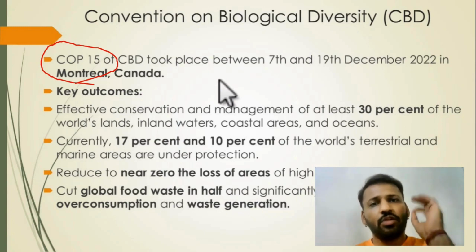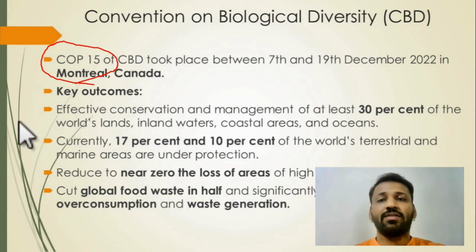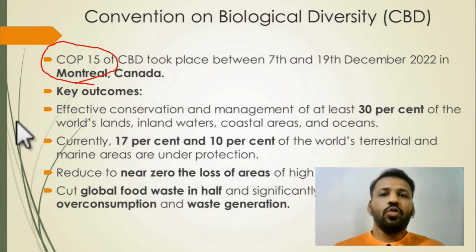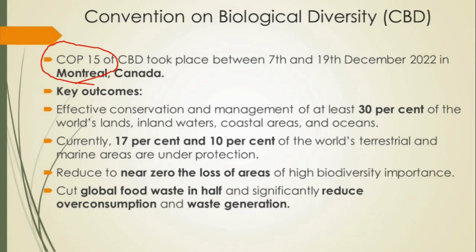This Convention on Biological Diversity is very important for protection of biological diversity. So what are the outcomes of CBD COP15? One of the outcomes is that we are going to conserve at least 30% of the world's land, inland waters, coastal areas and oceans.